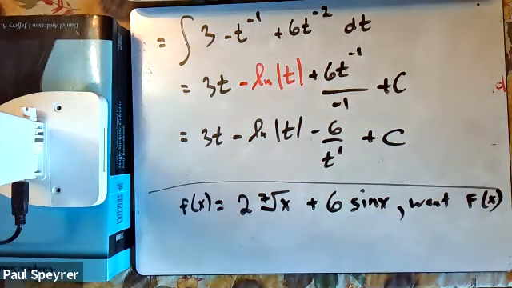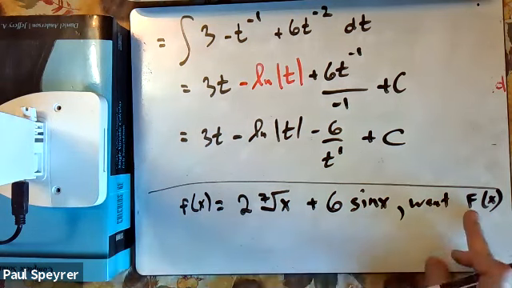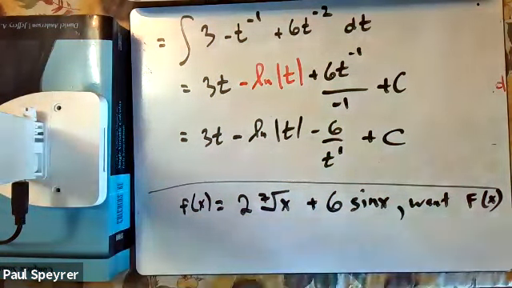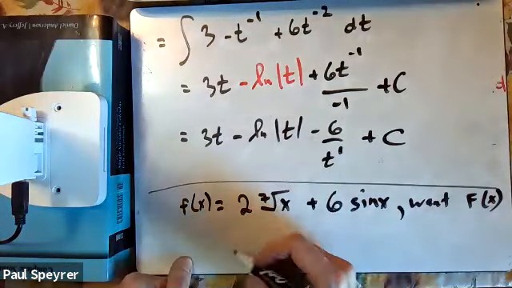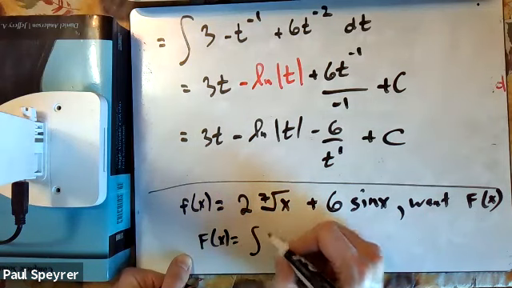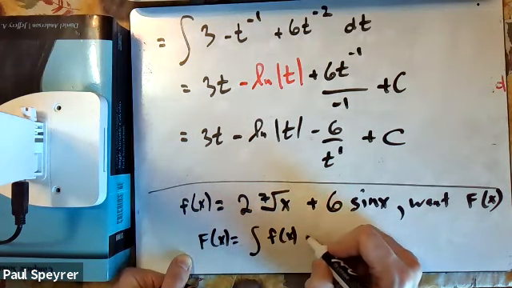So we're going from the original function to the uppercase of it. Remember, that means antiderivative. I changed it up again. But remember, to find that, big F of x is equal to the integral of f of x dx.